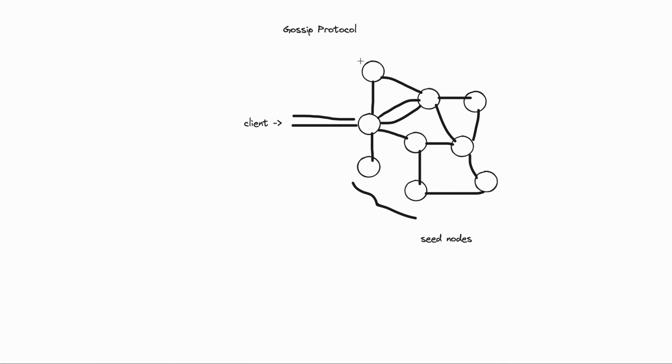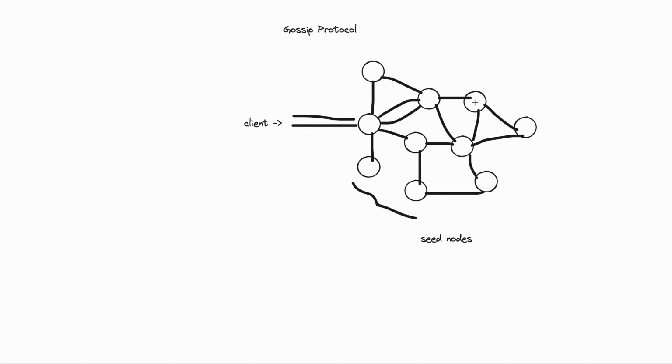When a new node is added, for example here, we add a new node to the cluster with the seed node. The seed node will return some data about the nodes in this cluster, and it will communicate with the other two or three nodes in the system. For example, here, this one and this one. So if this node wants to know about that node, how does this work?